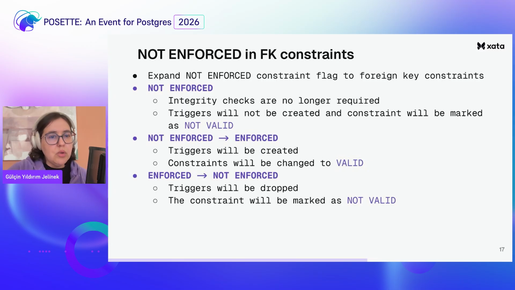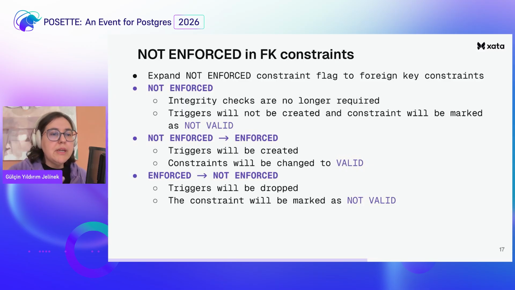The checks are no longer required, and the constraint itself will be marked as not valid. And you can change this. If you want to change a not enforced constraint to finally enforce, then the missing triggers will be created and the constraint will be changed to valid. So you need to know that when you actually enforce something, there will be a validation scan that we were trying to avoid at first.